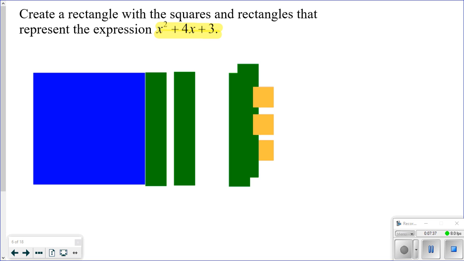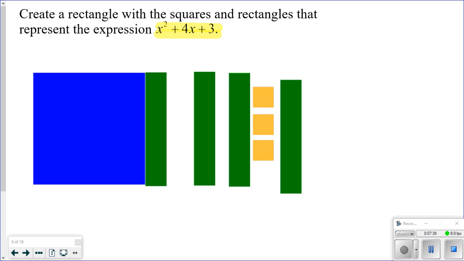So take these and you're going to move them. But when you move them, you want it to be a perfect square or a rectangle. Okay, so just think about like when we had the box method, right? It was a square. So you need to move these algebra tiles in a way that forms a square or a rectangle.